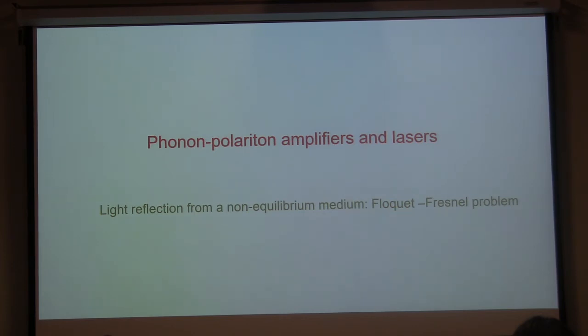Basically, it's a problem of light reflection from a medium, but it's not a stationary medium. It's a medium whose parameters are modulated in time. Remember, that was the first one of my introductory slides, saying we can now think about controlling properties of materials using some kind of time modulation. That's the kind of problem we want to consider, but in the simplest possible setting.